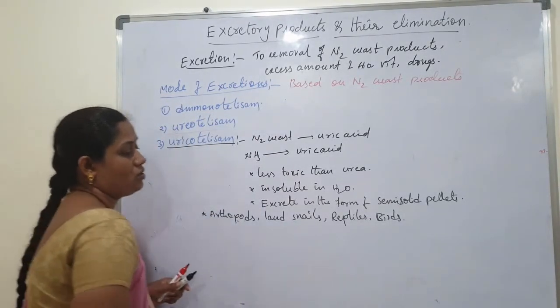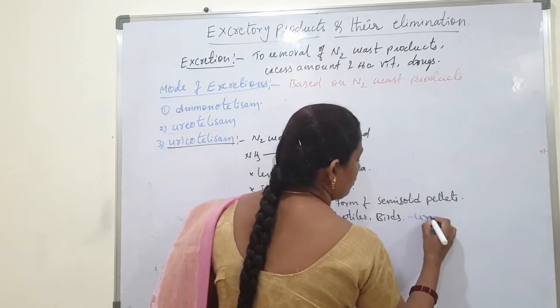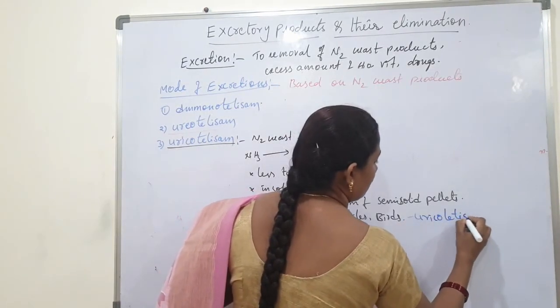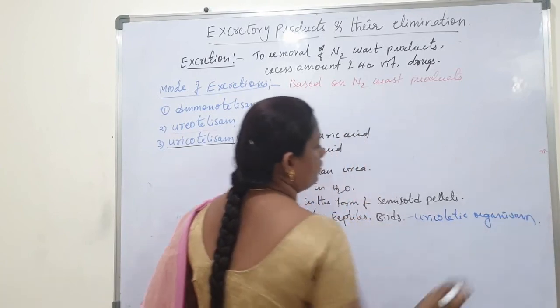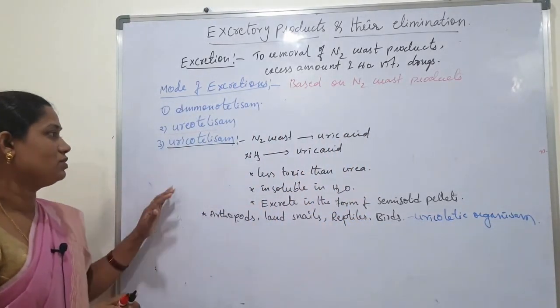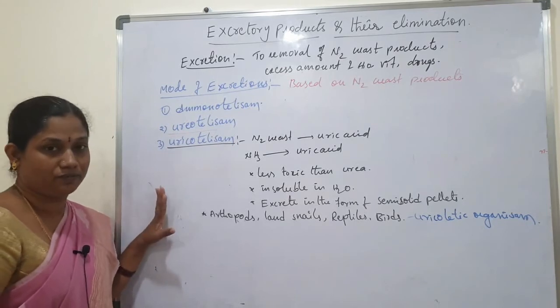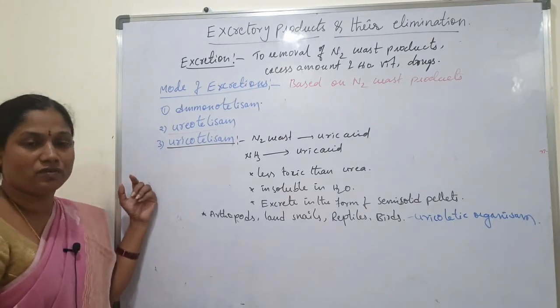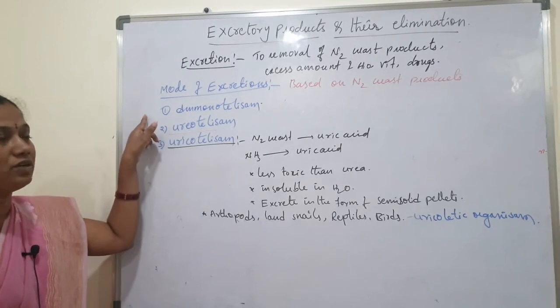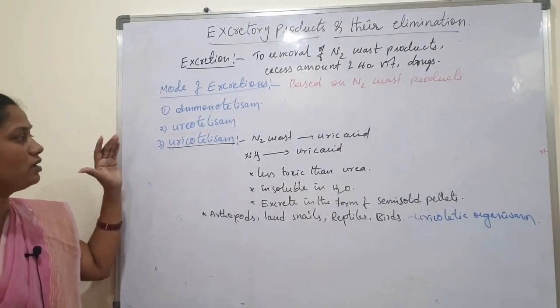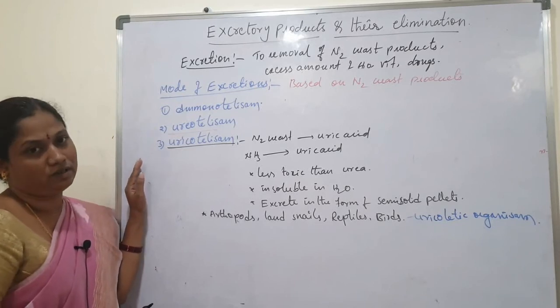That's why these organisms are called uricotelic organisms. So this is about uricotelism. According to the nitrogenous waste products, organisms can be divided into three types: ammonotelic organisms, ureotelic organisms and uricotelic organisms.